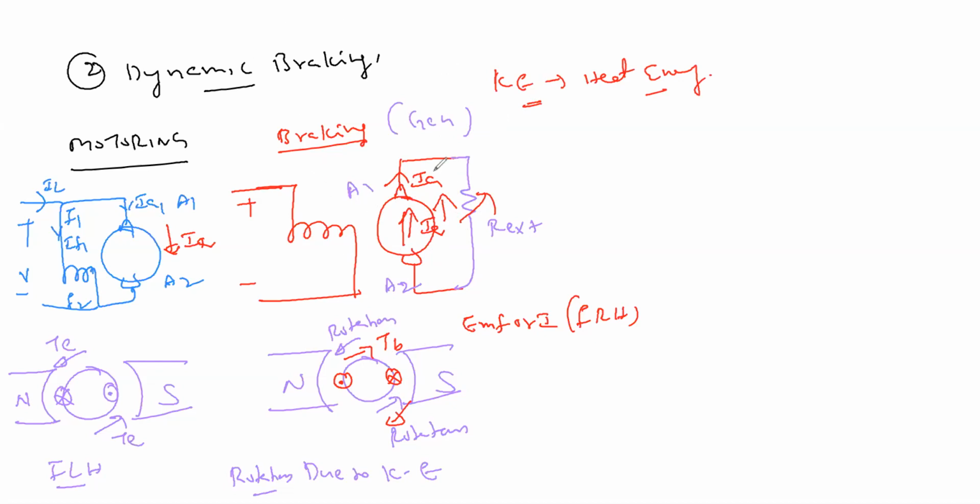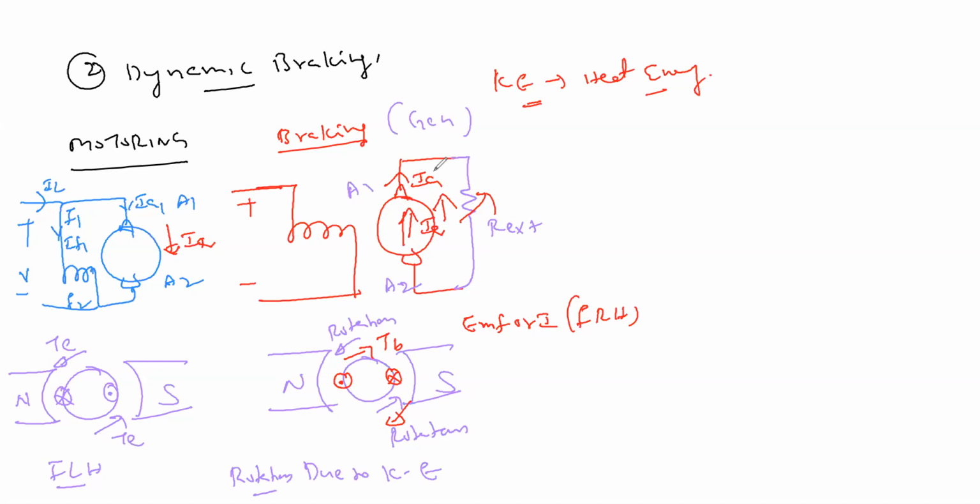In this method, armature is disconnected from the field winding, and the field winding is intact with the supply, and armature winding is connected with the external resistance.